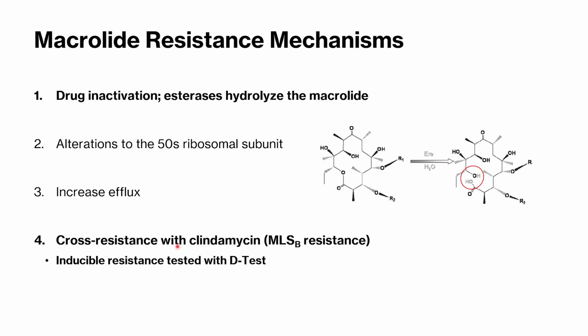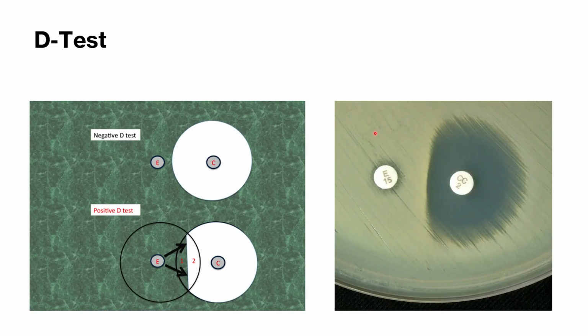And then there can be cross-resistance with clindamycin. This is called MLSB resistance or MLS type B resistance. MLS stands for macrolide, lincosamide, streptogramin, and it is inducible resistance that is tested with the D-test. So what's the D-test? The D-test is a test looking at if there is inducible resistance against clindamycin. This is tested by dropping a little pill of erythromycin and clindamycin beside each other in a petri dish.